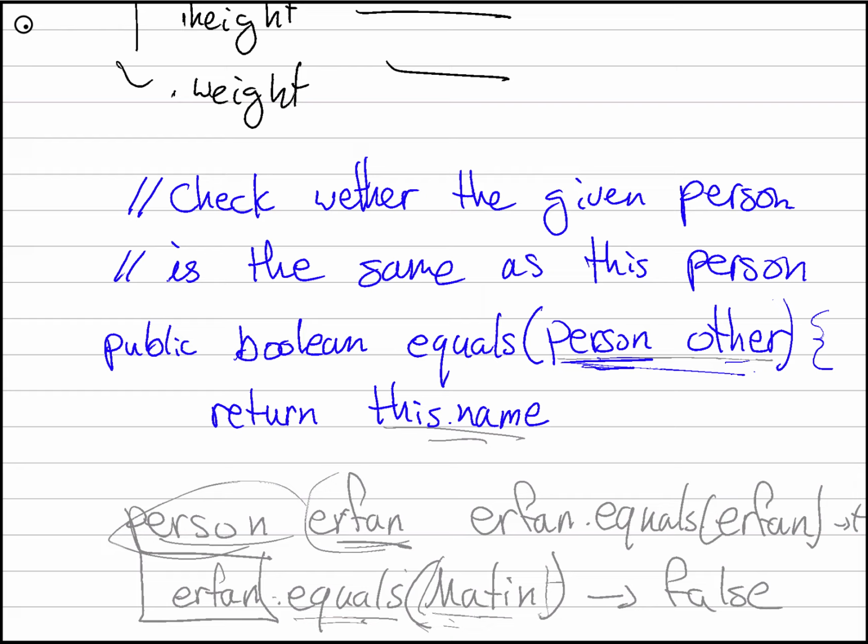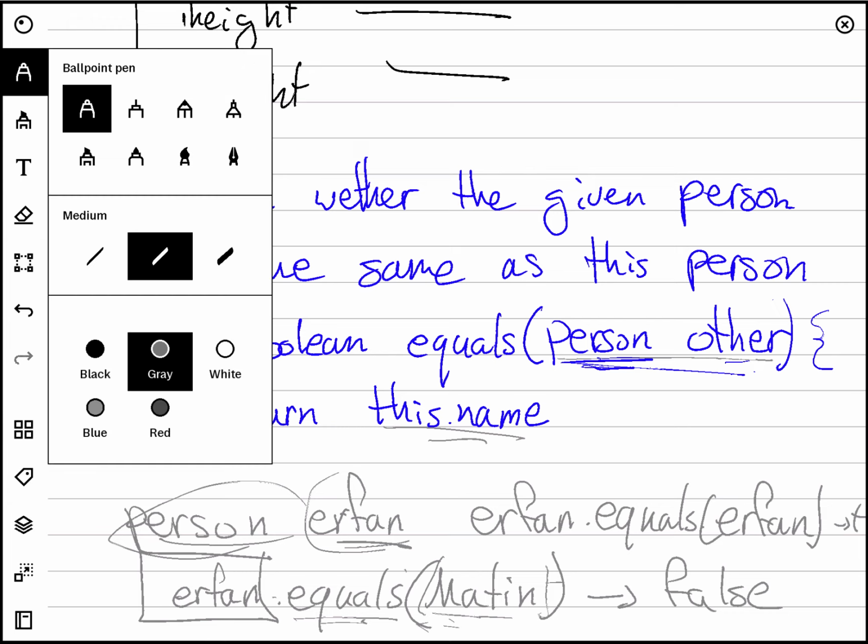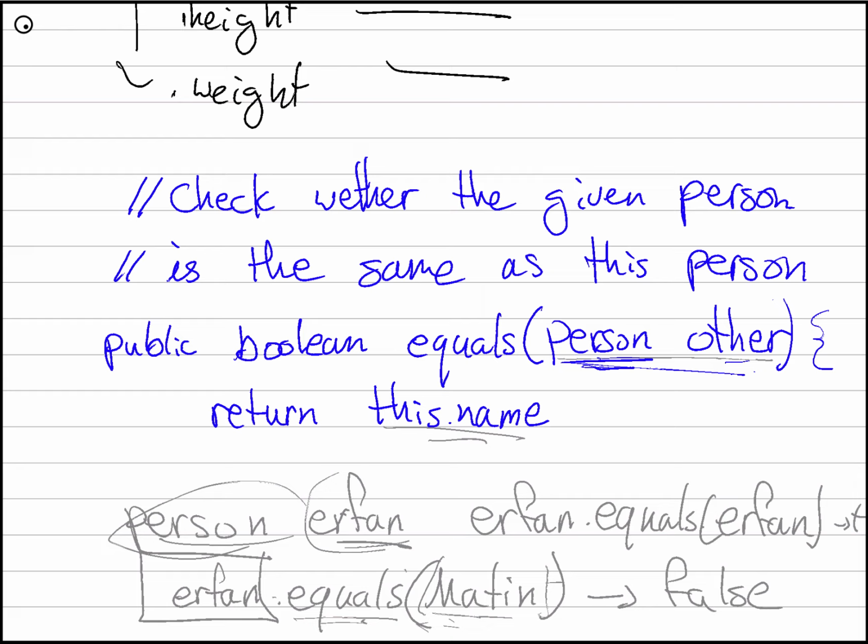Okay? All right. So now how do we check that Mateen's name is the same as irfan's name? We do this with two equals. So one equals would just set the name, right?